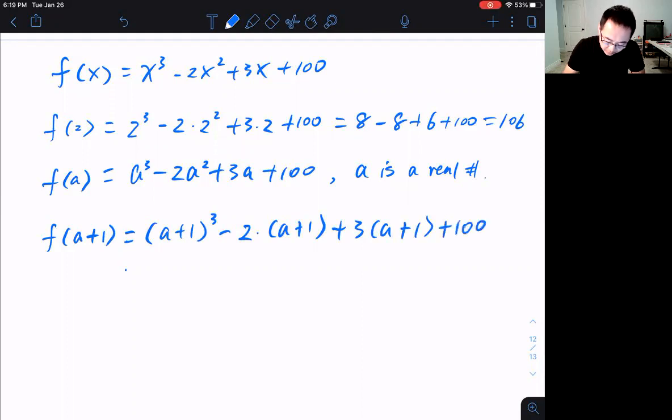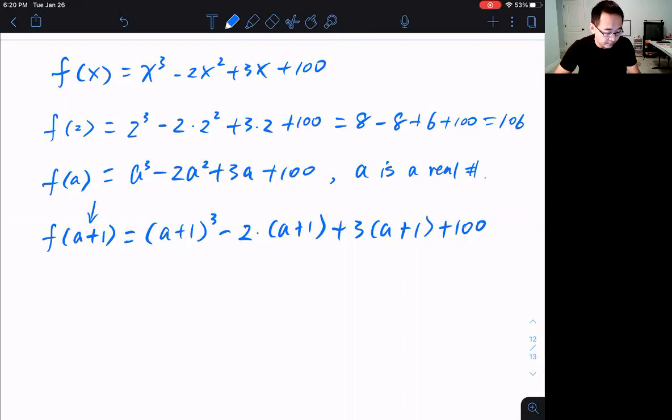Actually, I'm not going to expand this out because there's a cube term. It's going to be a little bit of a calculation, but the bottom line is the principle here is that whatever you put in the parentheses right here by your function form, you just plug that entire parentheses in as the x, and then that would give you the way to solve the function.